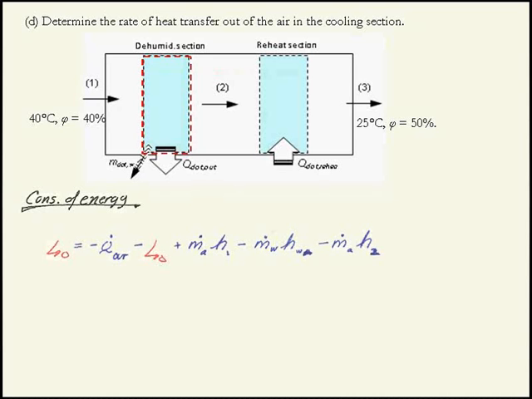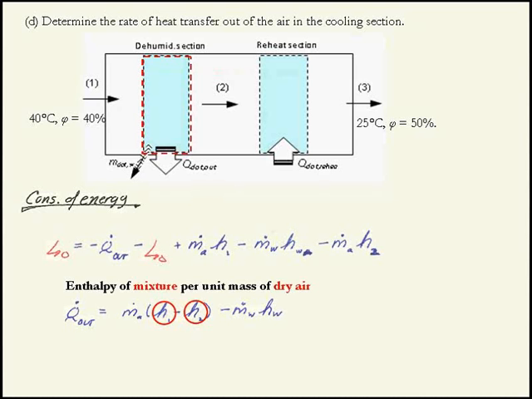Okay? So at this point, you're looking at this and going, where in the world am I taking into account that the stuff at 1 is both air and water? It looks like you've only got air in there. Well, that's not the case, because when I'm dealing with psychrometric mixtures, it is implied that any mixture enthalpy is the enthalpy of both the dry air and the water together, but divided by the mass only of the dry air.